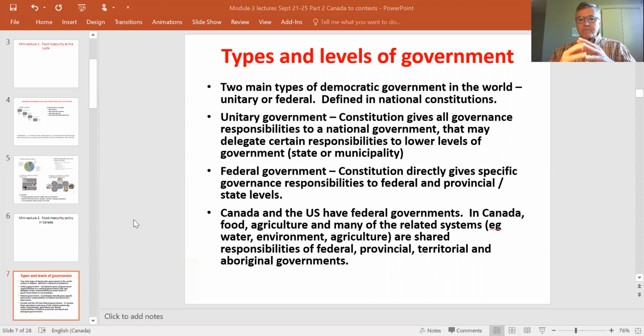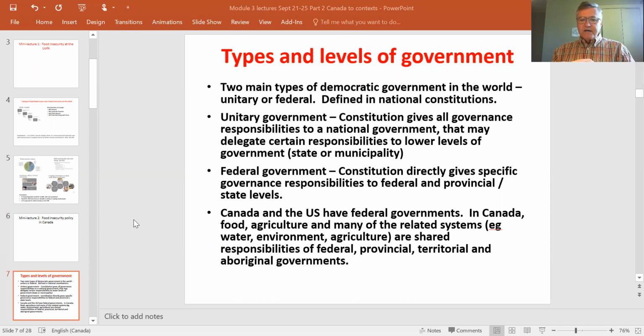So we have a federal government. To think about what a federal government is, it's important to think of two different types of governments that sovereign countries have around the world. About half of countries have unitary governments, and about half have federal governments.